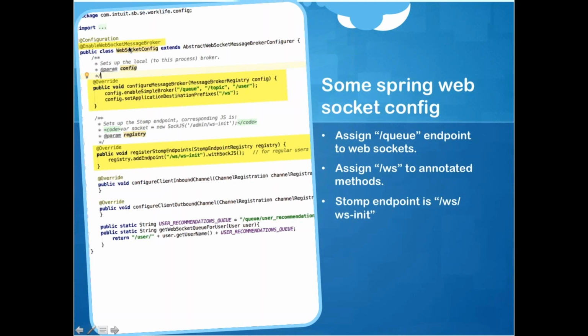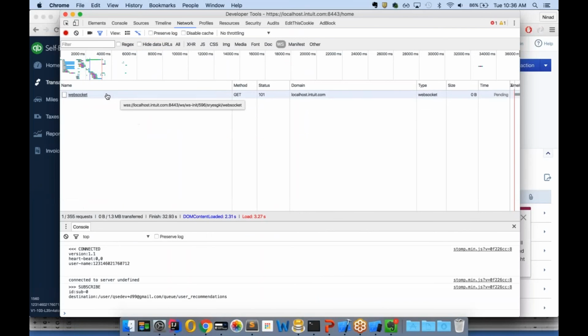The @EnableWebSocketMessageBroker annotation tells Spring to enable WebSockets for our particular app. The configureMessageBroker function will enable WebSockets on the /q, /topic, and /user endpoints. And there's an application destination prefix, /ws, and that's what you see in our WebSocket right here, the /ws.